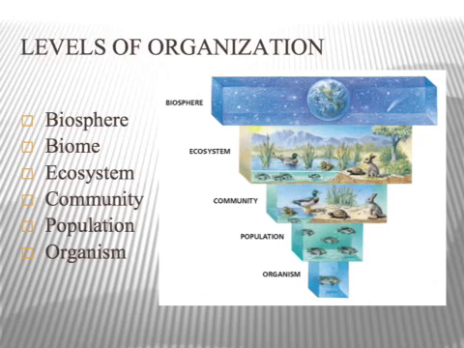Again, this should all look pretty familiar to you because we just did the levels of organization already. The only one that's going to be a little bit different is this idea of a biome. So remember we had other things a little bit lower on the more molecular, cellular level. So we had cell down here. Then you had groups of cells.